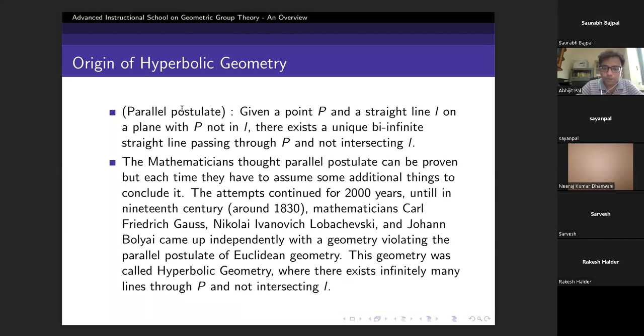This geometry was called hyperbolic geometry, where there exist infinitely many lines passing through P and not intersecting L. Obviously I have to make sense of all this.